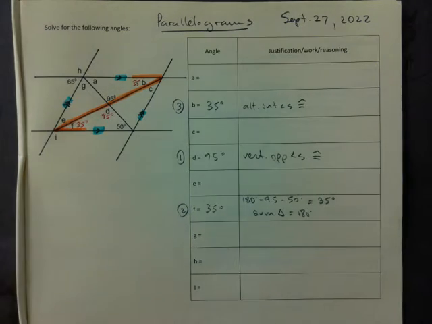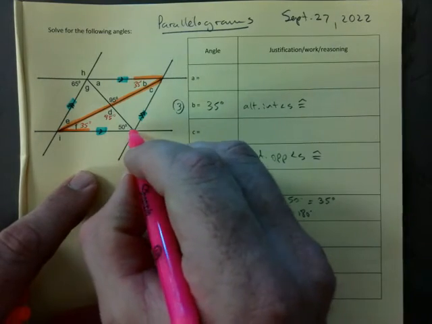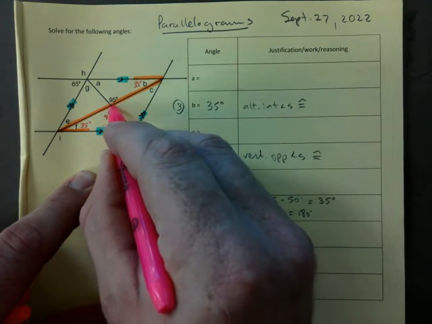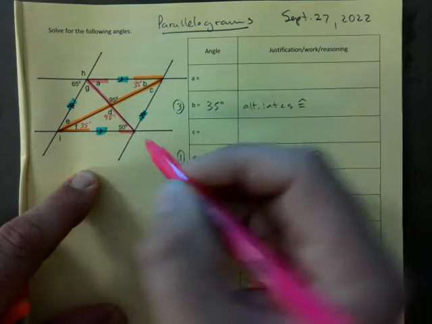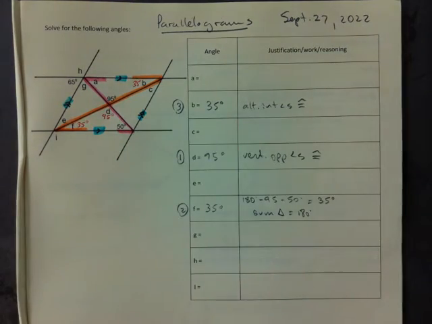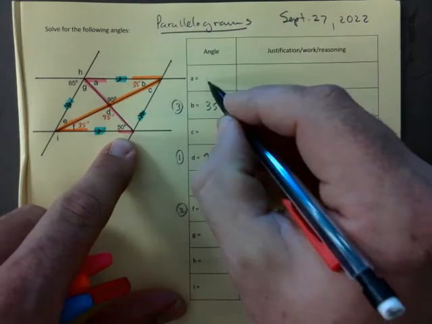Watch this. This is a transversal. You see that? Anyways, A is 50.